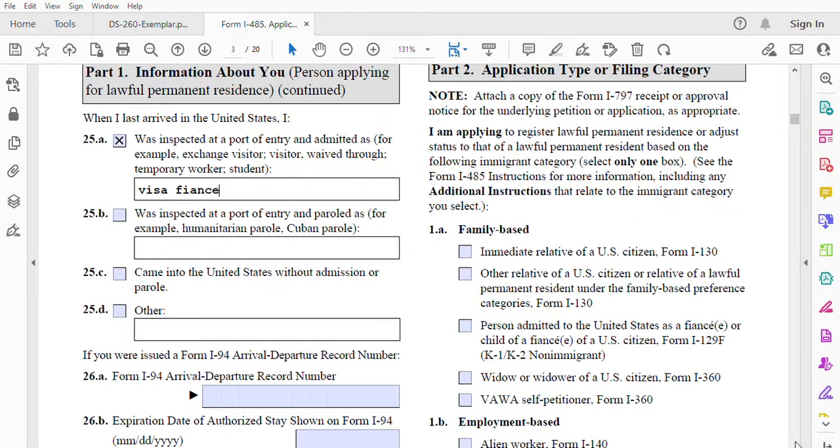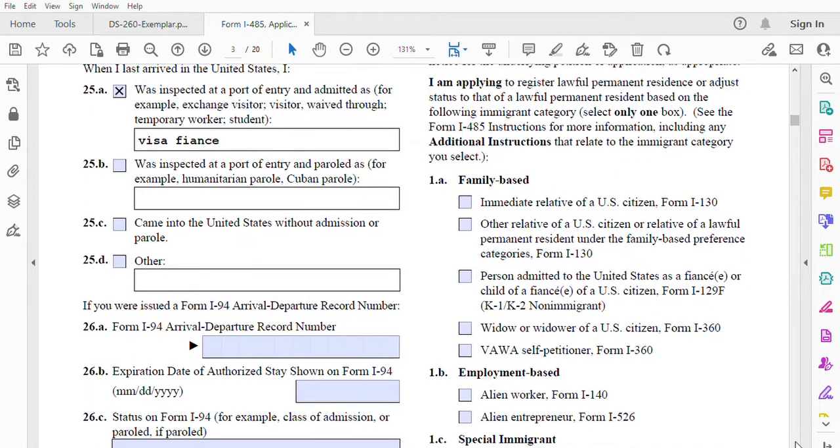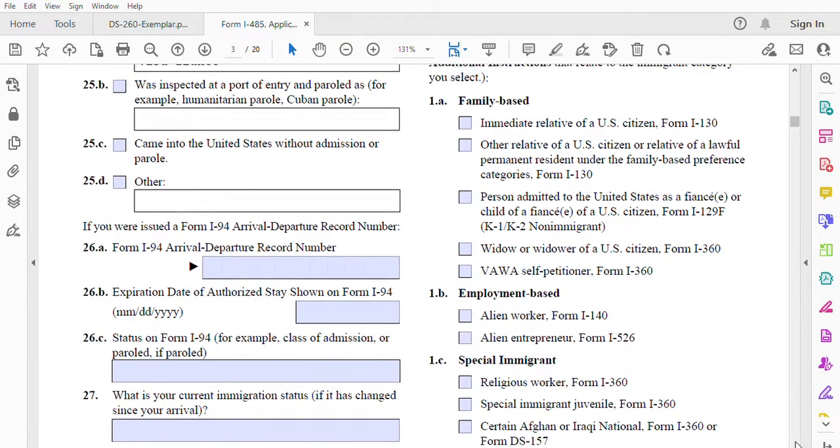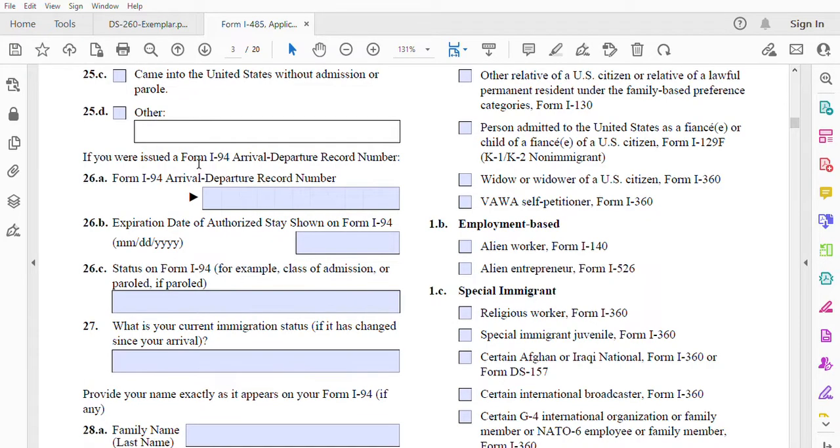So we're gonna go to the next question. That's the one that applies for us. If you were issued a Form I-94 arrival departure record number, this is where you're gonna enter it. As a fiancé, you will be given one. So we're gonna put number 1, 2, 3. Then the expiration date of authorized stay shown on the form.